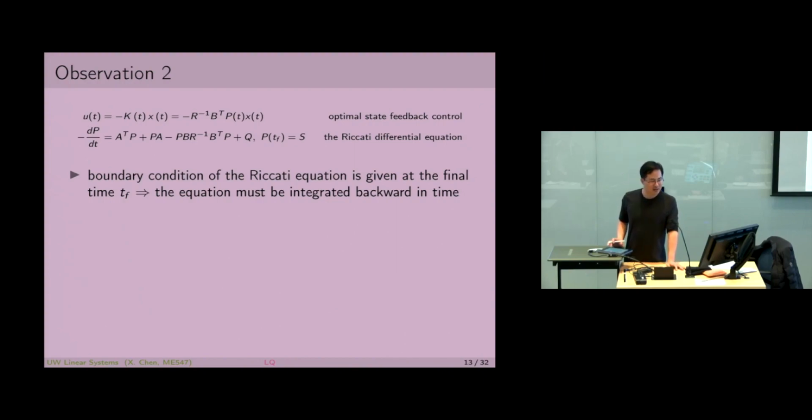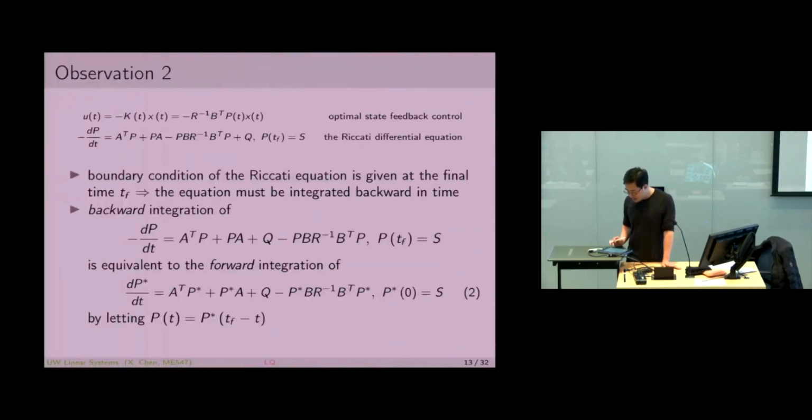Now, you might feel it a little bit unnatural, but it's actually no more than a forward integration itself. Because if you do a change of variables, if you change P to be P star TF minus T, then PTF, after this change of variable, becomes P star TF minus TF has to equal to S. So we have an initial value for P star. And then in here, we have the negative of dp.